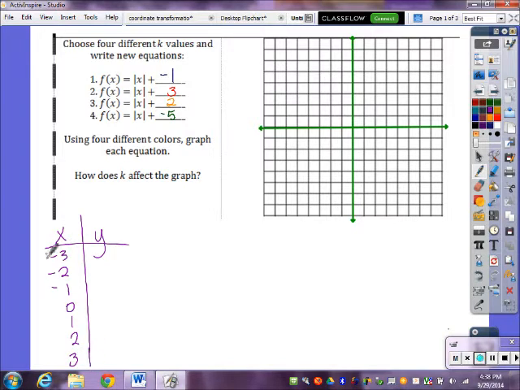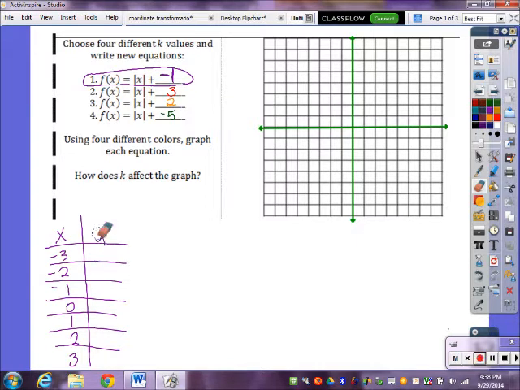Then I take my first X value and plug it into my first equation, number 1. When I plug in my first X value, -3, it's going to look like this: the absolute value of -3 plus -1.